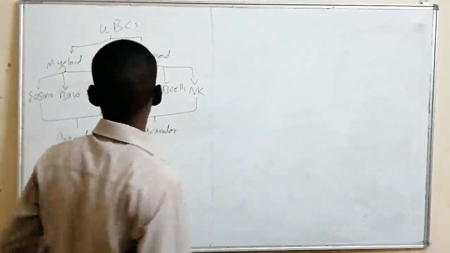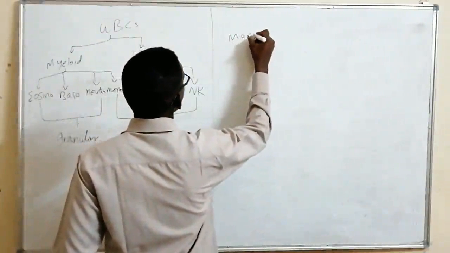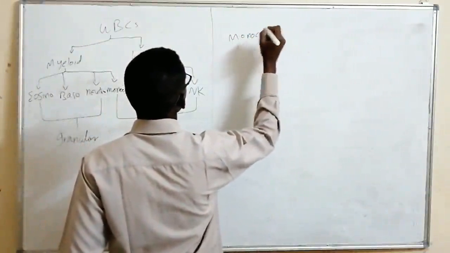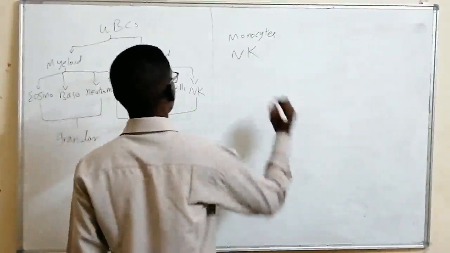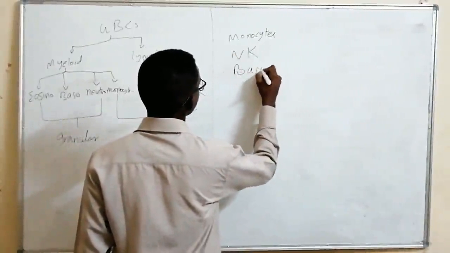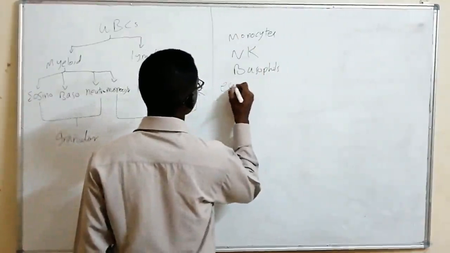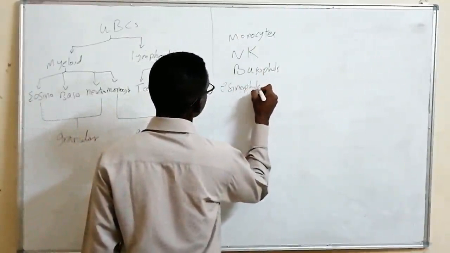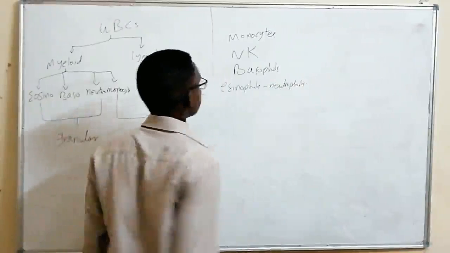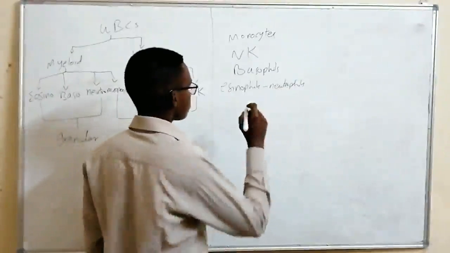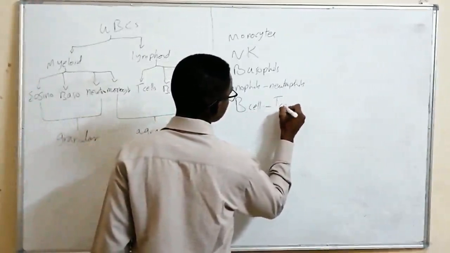The biggest type of cell is monocytes, followed by NKs, natural killers, followed by basophils, followed by eosinophils and neutrophils together, followed by what's left, B cells and T cells.